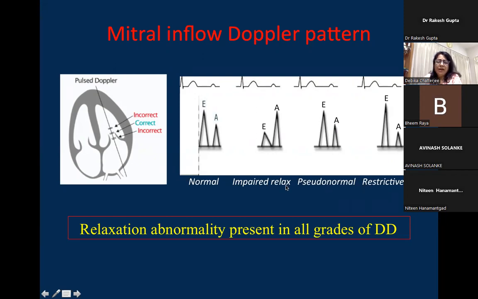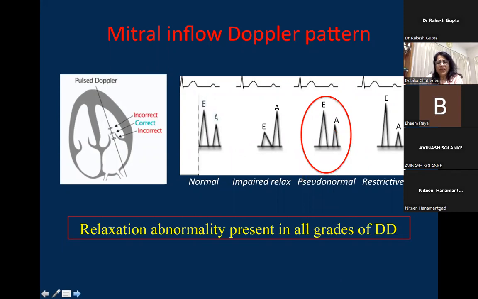So we must remember that relaxation abnormality is present in all grades, starting from here, here also, here also. It is the raised LA pressure which has masked the impaired relaxation pattern, resulting in A wave less than the E wave.